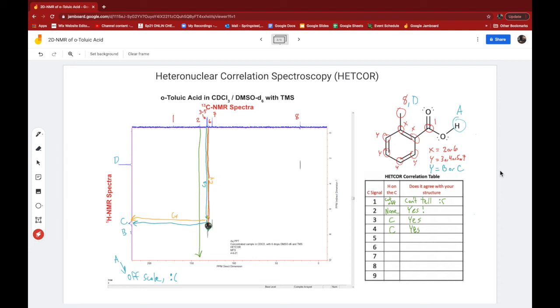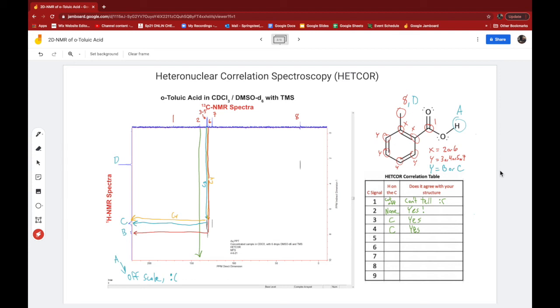Because this correlation is more upfield. So, and 5 is more upfield, so it's got to be that one. So 5 corresponds with B.